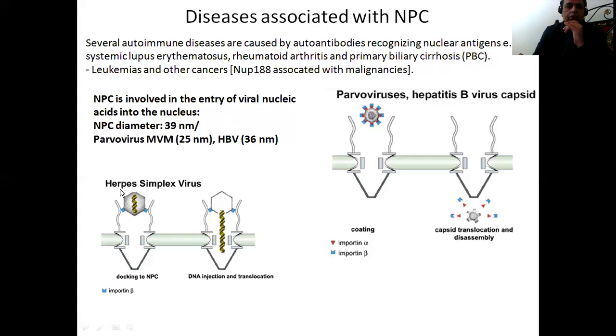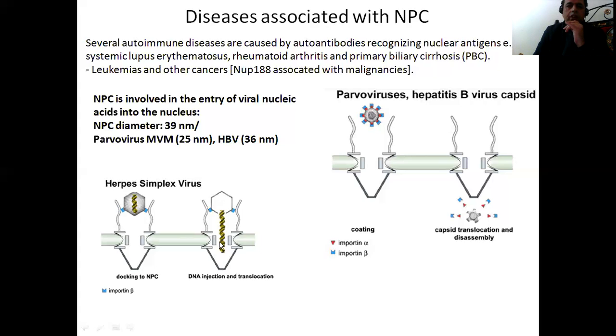Importin beta is involved in this particular process, but not alpha. Here, both alpha and beta importins are involved in the case of parvo and hepatitis B virus, but not in the case of herpes simplex virus here, where importin beta only is involved in the process to just get hold of this particular virion or its capsid, and then uncoating takes place here, the DNA injection in translocation.